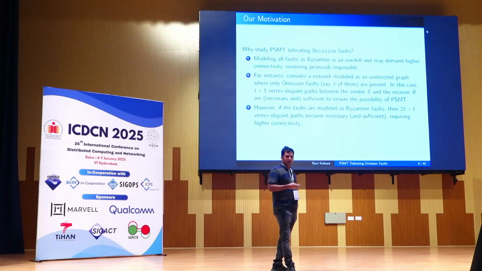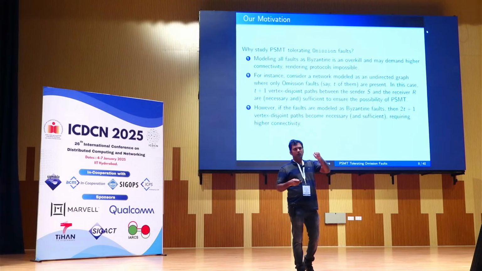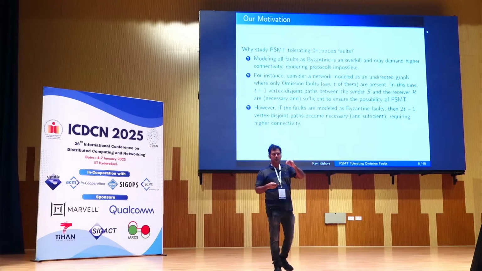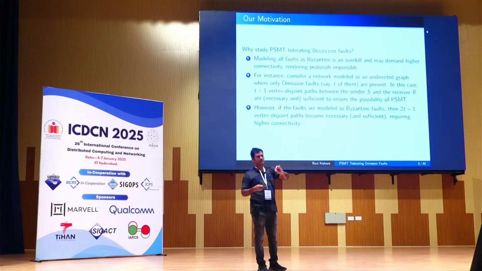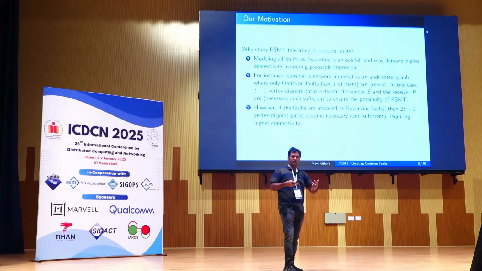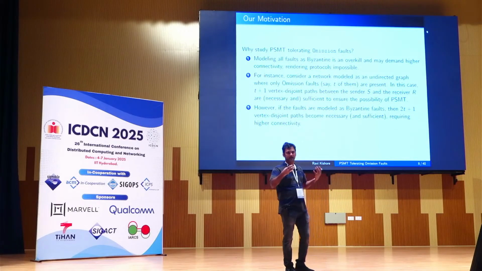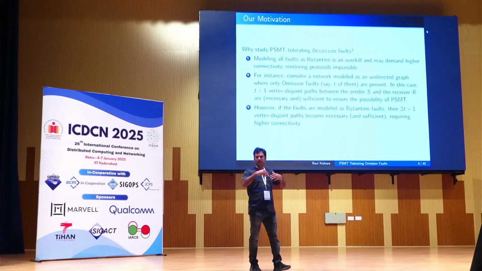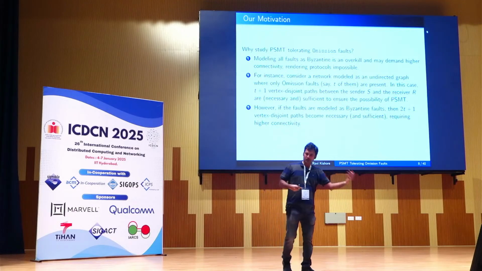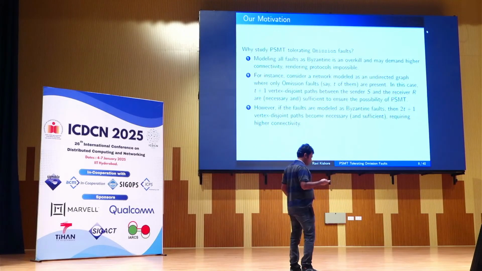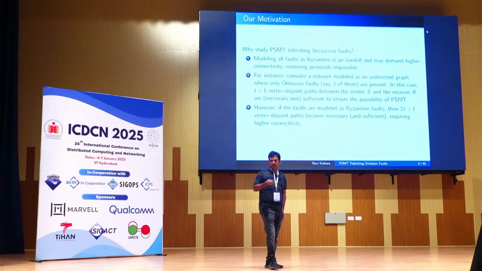In that case, maybe with light connectivity, we are able to design protocols if we assume that the adversary corrupts nodes in omission fashion, whereas if the adversary corrupts every node in Byzantine fashion, then it demands higher connectivity. That means the protocols designed for Byzantine faults we can't employ to tolerate these omission faults because we need higher connectivity. The network may not have the required connectivity.